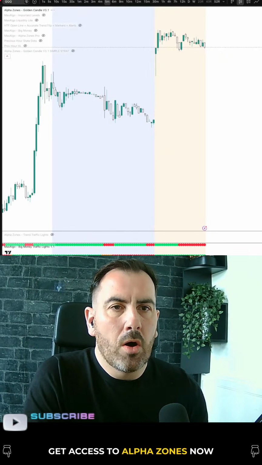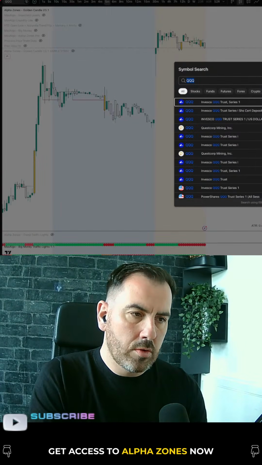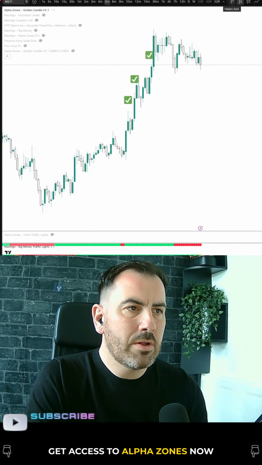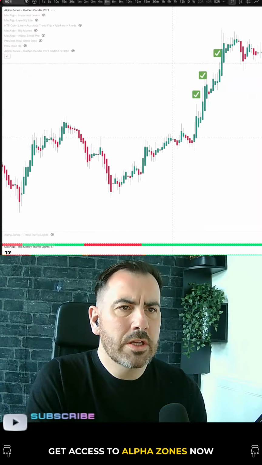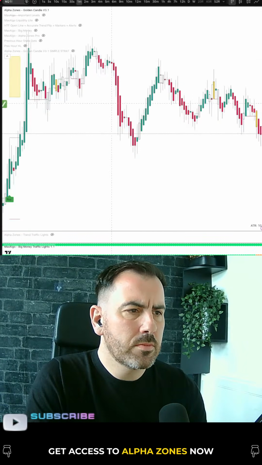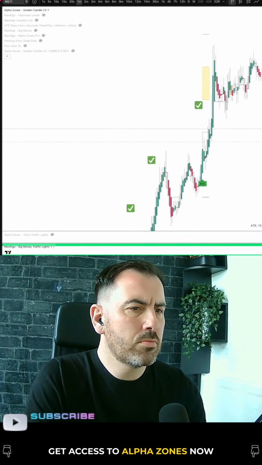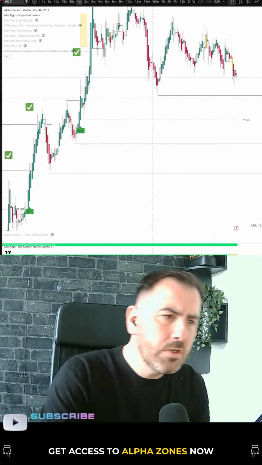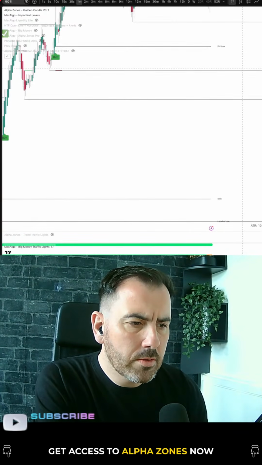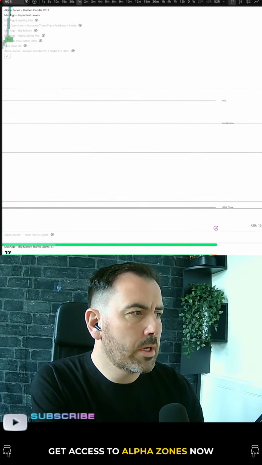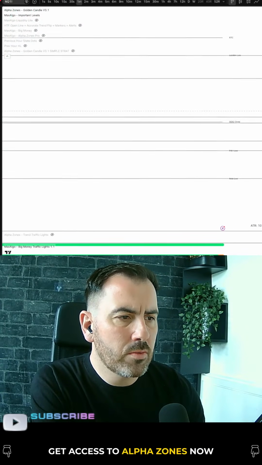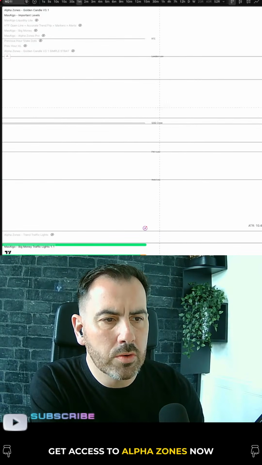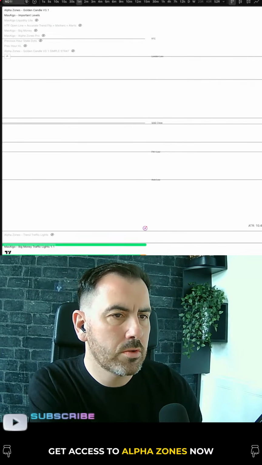What Alpha Zones does for you as well, there is one of the indicators called important levels, and if I just zoom out a little bit, just put important levels on, we'll see below here, a way down, you can see this area here says QQQ close, so that's where the Q closed.